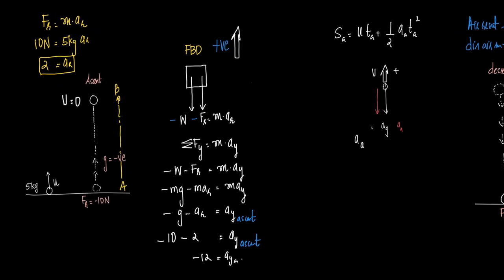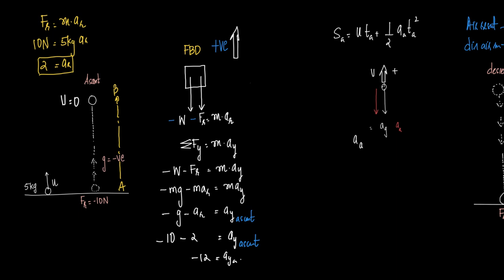Now, for the motion along A to B, we don't need this diagram. I can write the first equation of motion as V is equal to U plus AT.